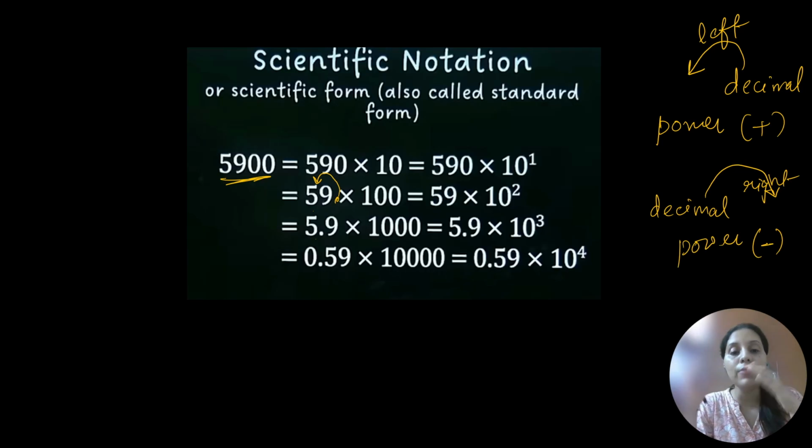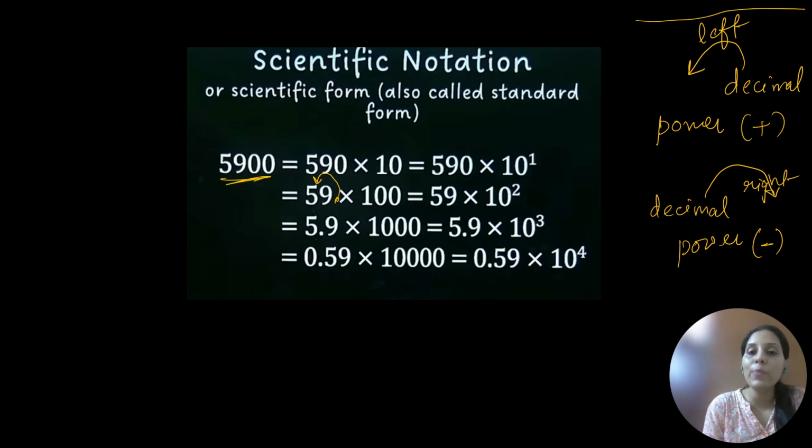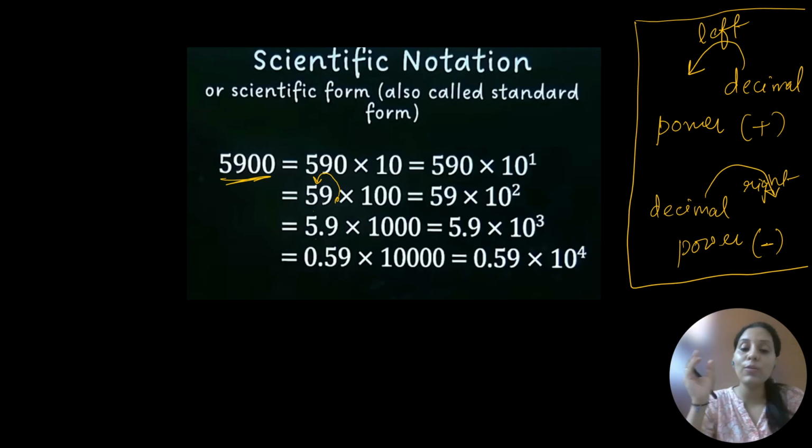What will happen in the power? If I'm moving 2 steps right side, it will be 10 power -2. But if I move 2 steps left side, it will be 10 squared. The power is positive. This is very very important. If you understand this in scientific notation, it will be easier, students. It's very very important, this concept, and most of the students go wrong with this concept.